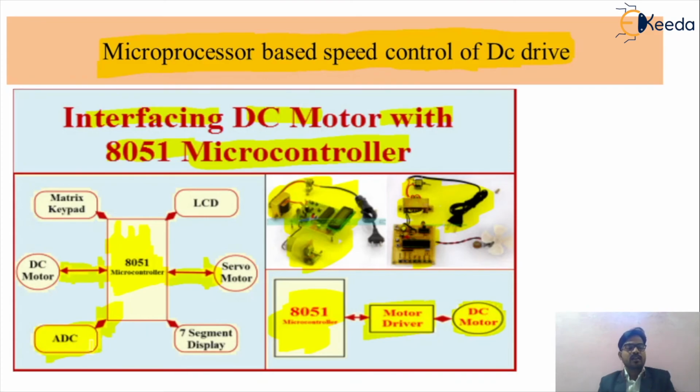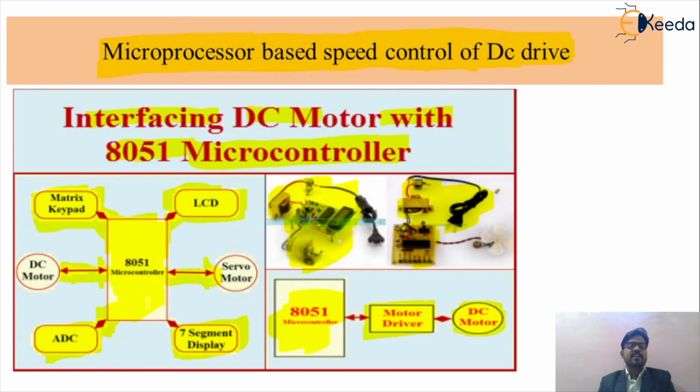We want a display terminal for checking the value of speed, so we are using the 7-segment display. We are using the LCD screen for viewing each and every parameter of your electrical drive, and we are using a matrix keypad for writing the different programs of your 8051 microcontroller. So this is called a microprocessor based speed control strategy of your DC motor.